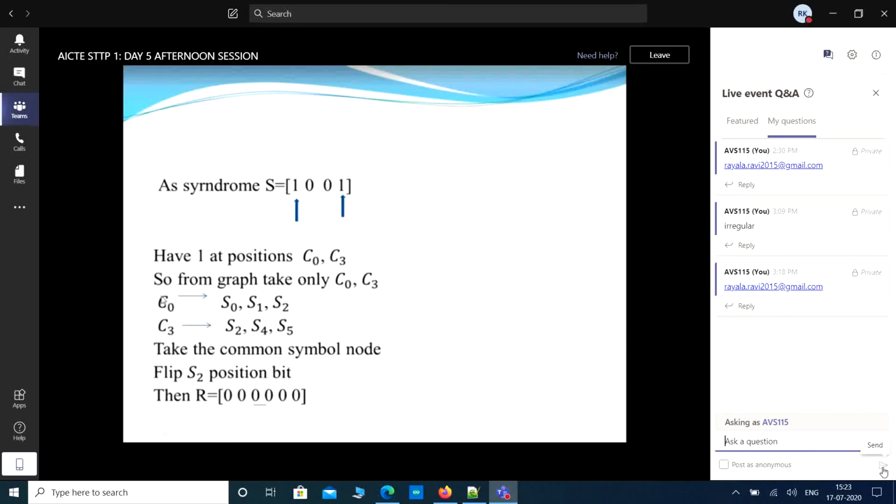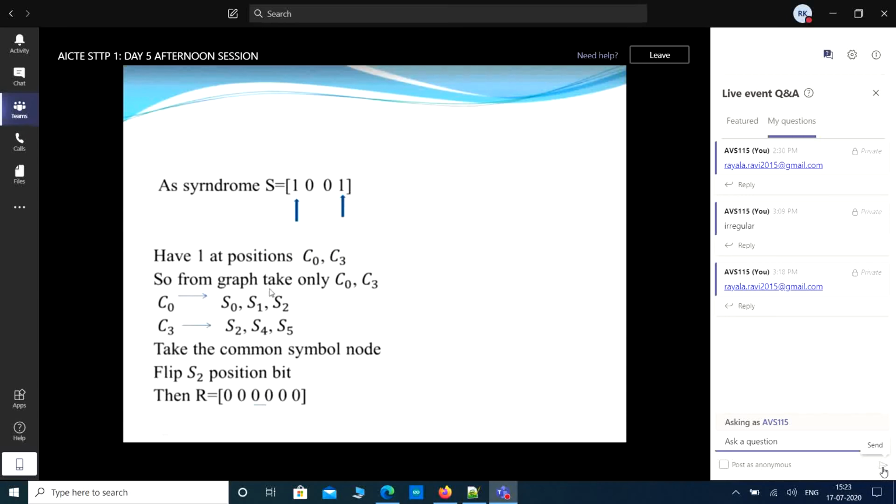So out of C0 and C3, what are the common symbol nodes in between C0 and C3? S0 is not common and S1 is not common, and S2 is common between C0 and C3.